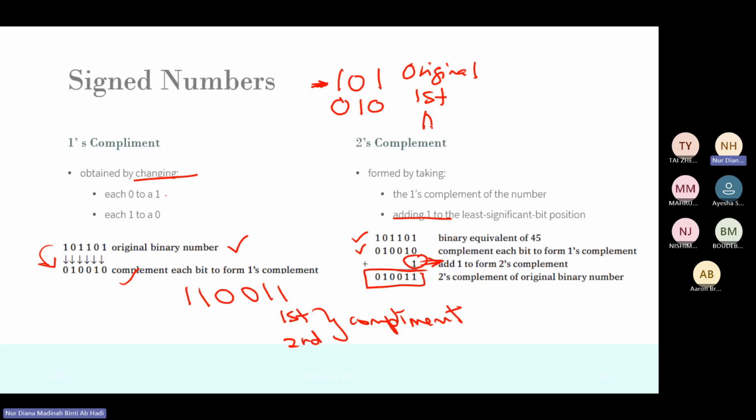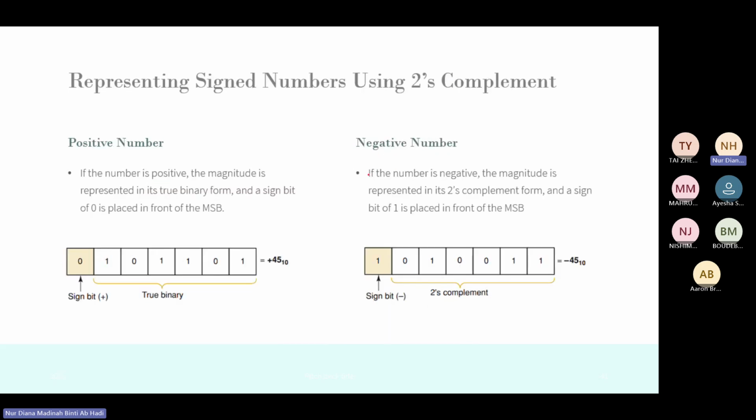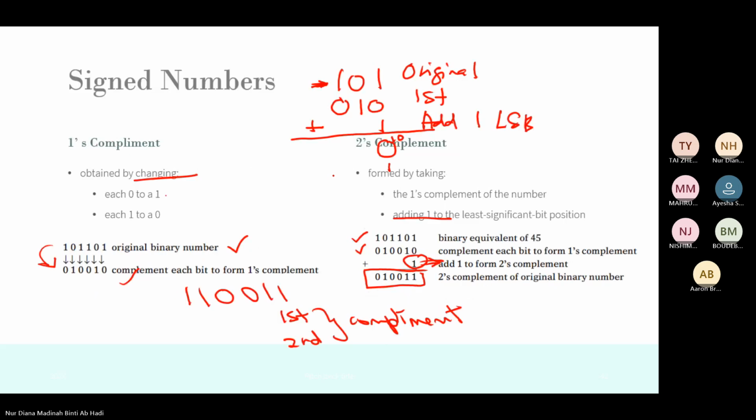So add 1 to the LSB position, this one. Put a plus sign here. So 1 plus 0 plus 1, you have 10, right? So you bring your 0 here and you have your carry out 1. You bring this carry out to the front as your carry in. So 1 plus 0 plus 1 still gets 10.